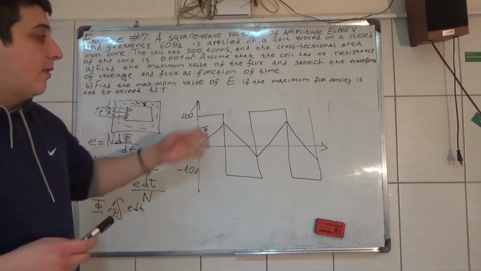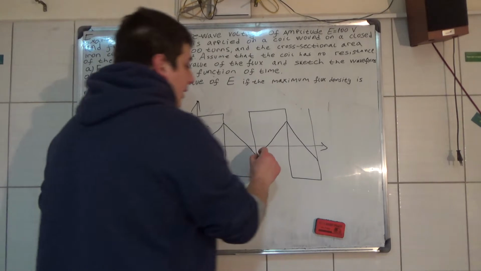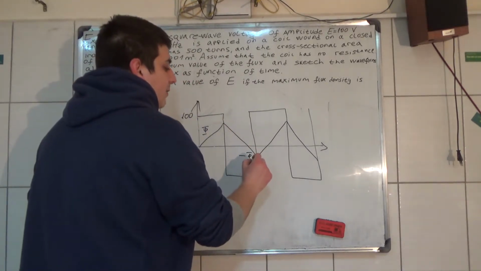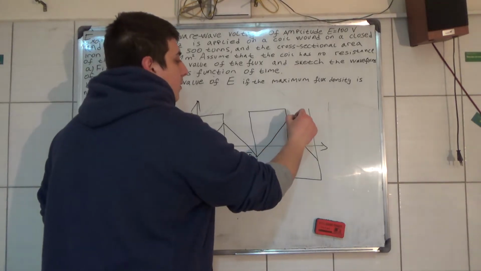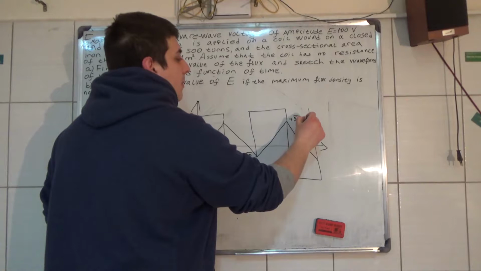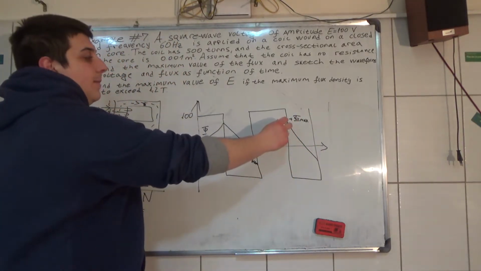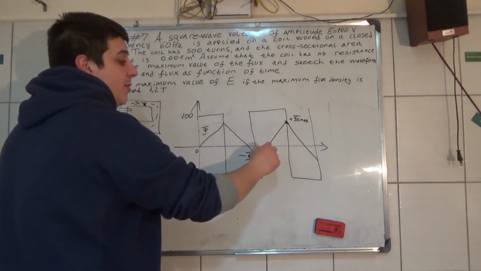The periodical waveform of the magnetic flux starts from here. As you can see, it goes from minus flux maximum to plus flux maximum. From here to here is a half period, and the full period goes from here to here.